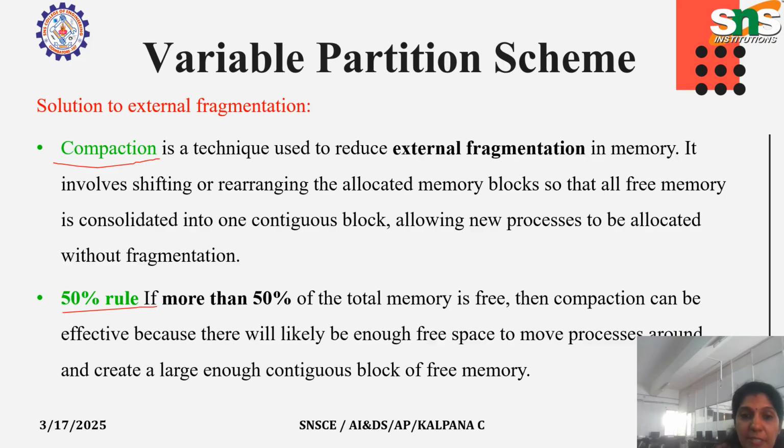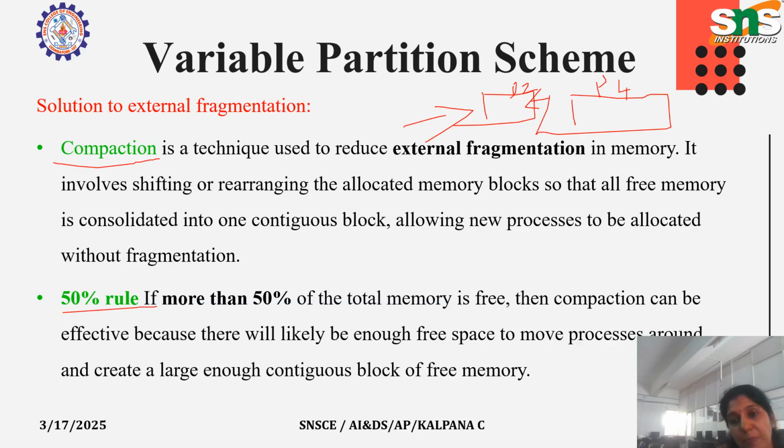This compaction is nothing but, as I told you, you are going to have holes, right? If P2 is completing, it is going to release the memory. At that time, a large free space, a hole, is created. And for example, if P4 is released, at the place of P4 a hole will be created.